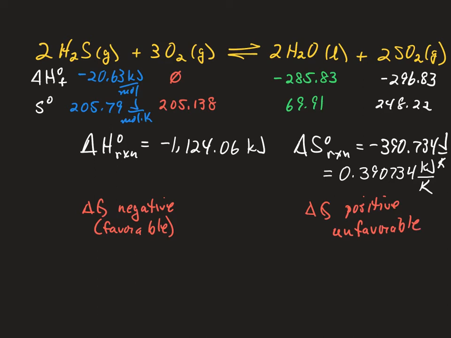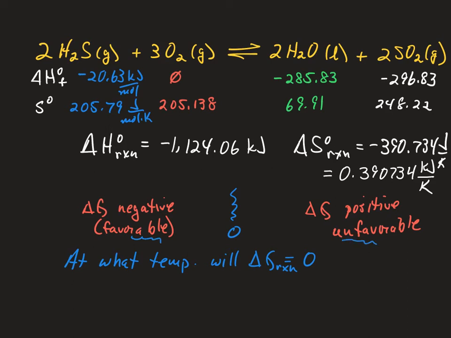Well, what's between positive and negative is 0, right? 0 is the transition. So what we want to ask ourselves is, at what temperature will delta G for the reaction equal 0? Because that will be the transition between favorable and unfavorable.